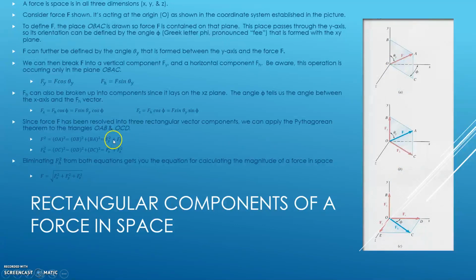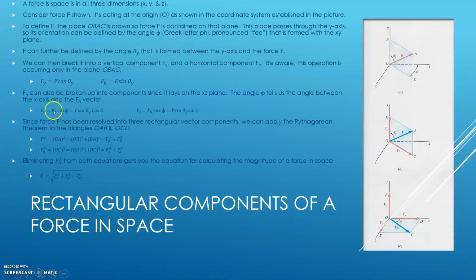So how we did that: we took that force and used theta y to break it up into the y component and that horizontal component. Then to get our x and z components, we took that horizontal vector and used cosine to find the x component and sine to find the z component.